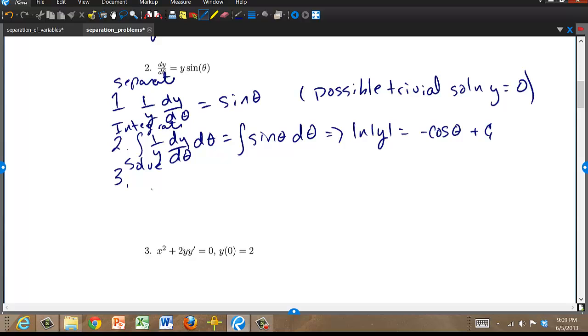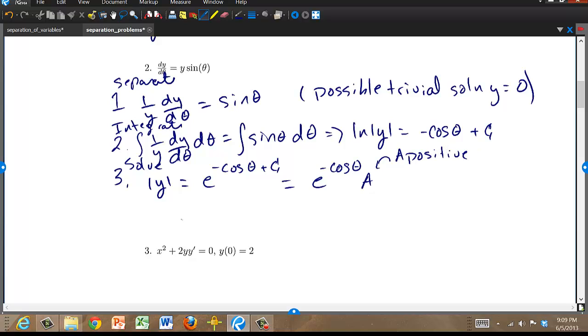Here, when we solve, we'll see that the absolute value of y should be e to the negative cos theta plus a constant, and we'll write that as e to the negative cos theta times a. Here a is positive.